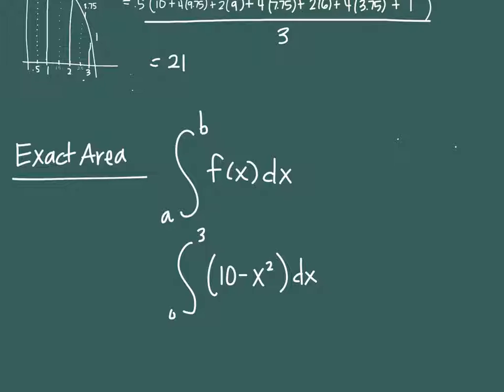You put the axis next, so x, and then comma. And then you put the numbers 0 and 3 last with commas, and then hit enter. And that's also 21. It's a nice way to be able to check your work.